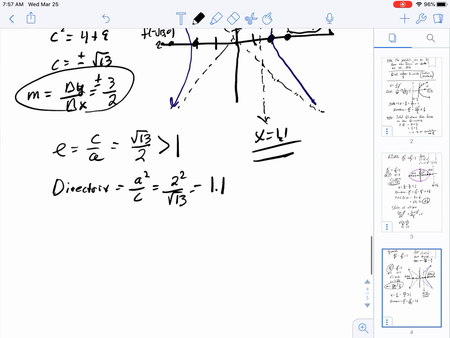Now, my total distance of my focus plus my directrix. Okay, so basically it's going to be, what is it, root 13 minus, what is it, 4 over root 13. And I'll just leave it as that for now.